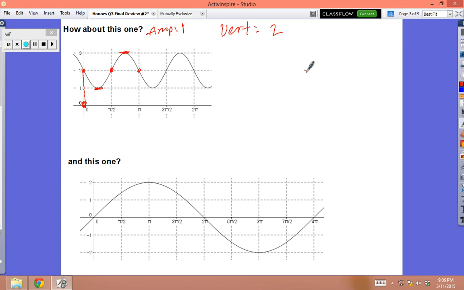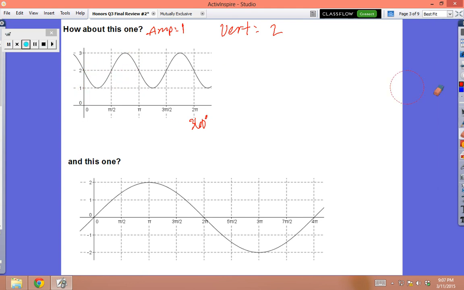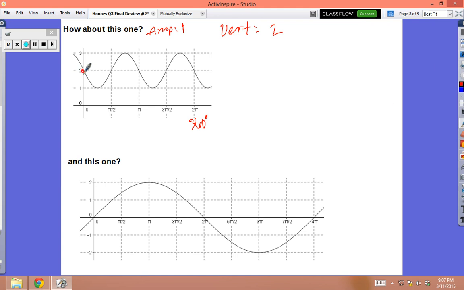And your period has been changed as well. So here's 360, this is 360. It should go through one cycle from 0 to 360, but it looks like it's been compressed horizontally. It's been pushed together. So I start at 0, I go down, then up to the top, and then back down.